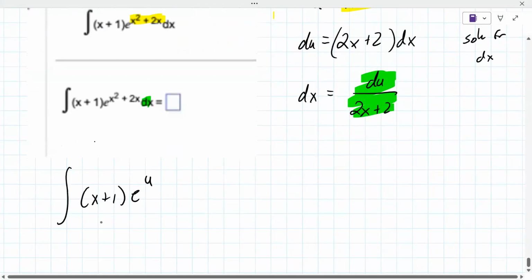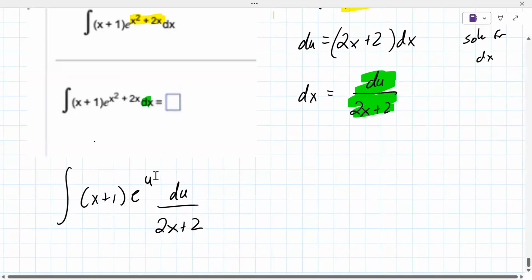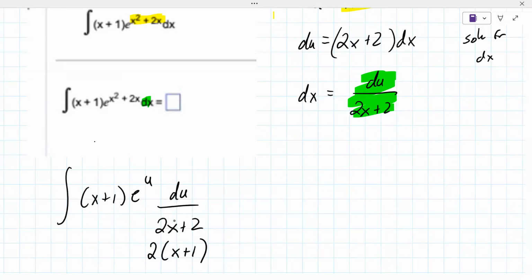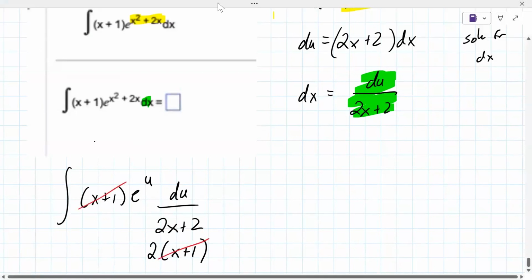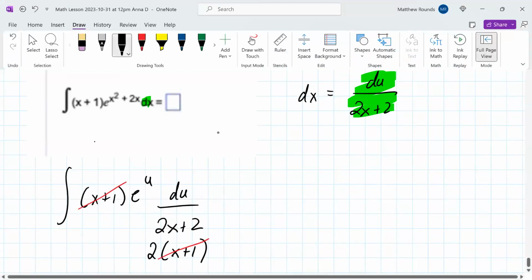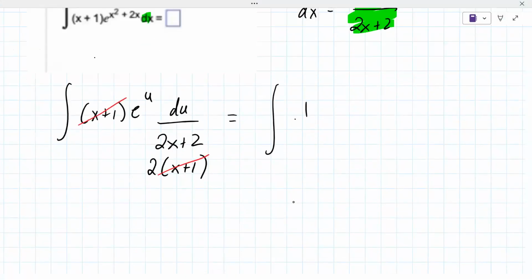So e to the u, and then du over 2x plus 2. You can kind of see now that x plus 1 and x plus 2 have the chance to cancel. If you rewrite 2x plus 2 as 2 times x plus 1, you can see that these cancel. And this becomes 1/2 e to the u du.